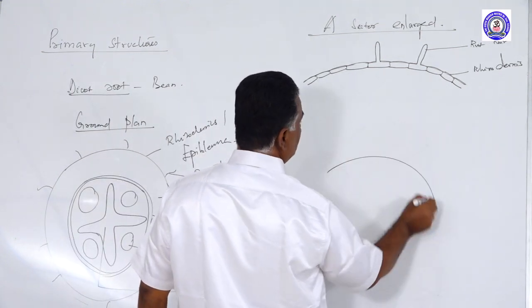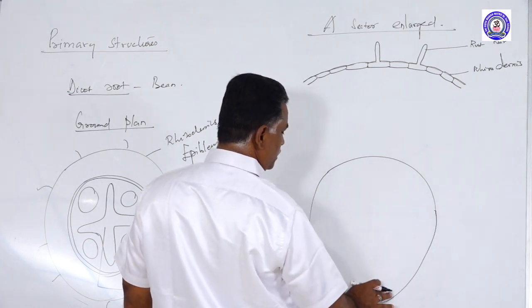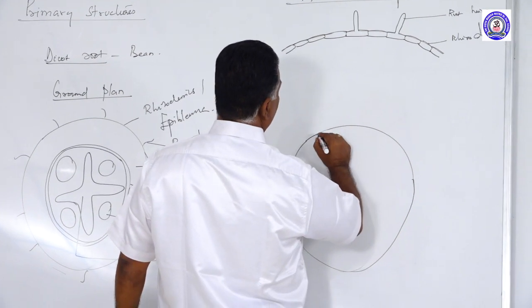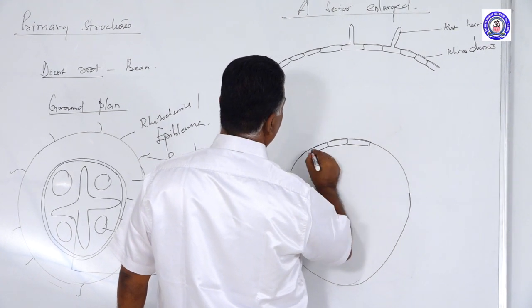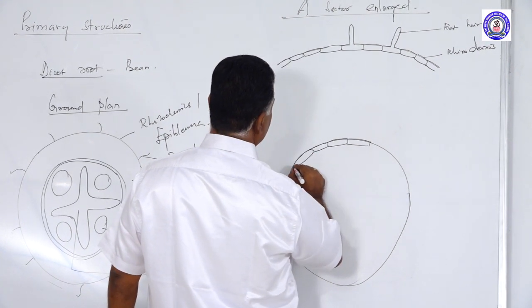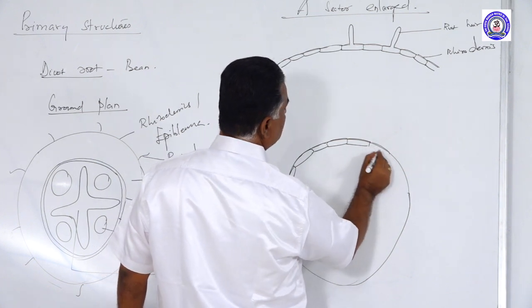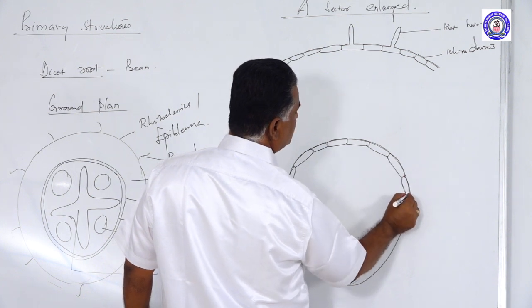Next to that, inner side. As we said, a single layer. Here too, a single layer of barrel-shaped parenchyma cells arranged. You see this nature of this layer. This is a single layer. What is the shape?